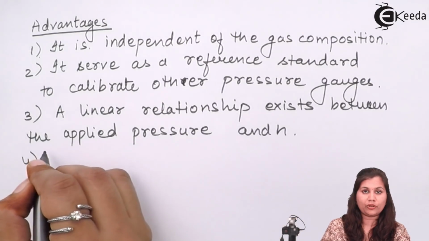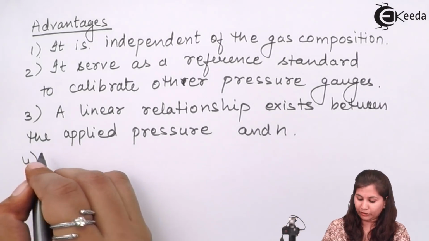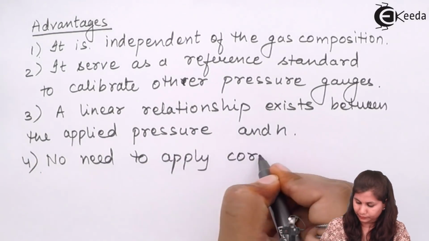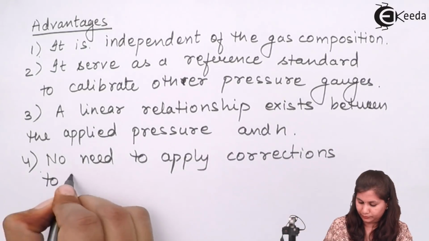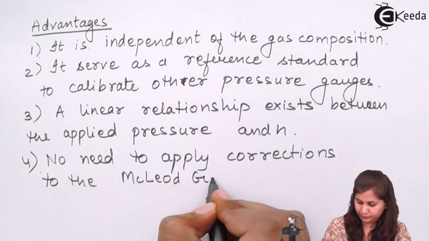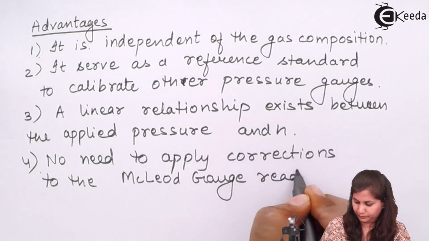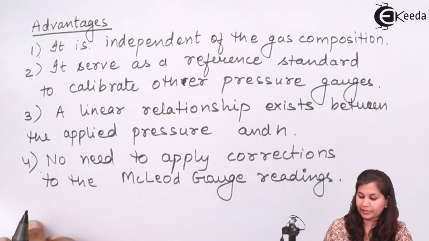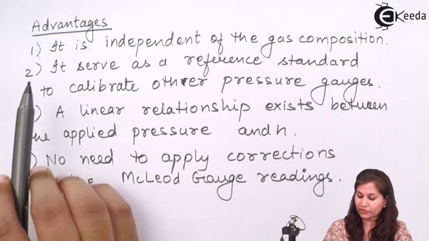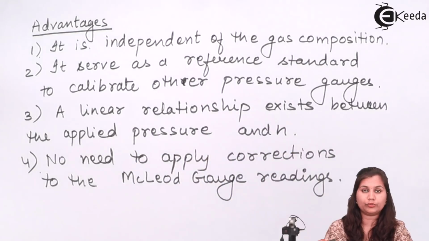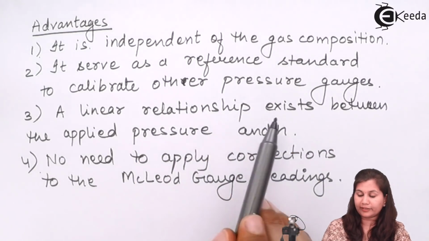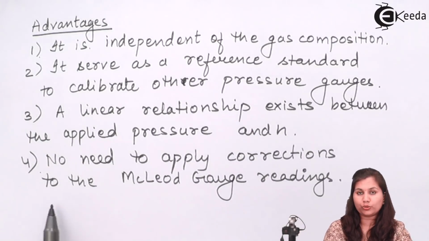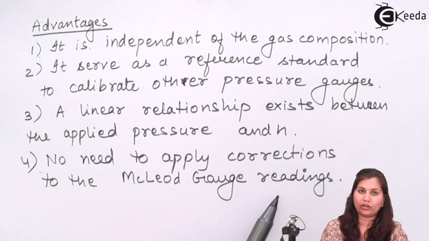Also, there is no need of doing any corrections to read the McLeod gauge. So these are the advantages: it is independent of gas composition, it serves as a reference standard to calibrate other gauges, a linear relationship exists between the applied pressure and H, and there is no need to apply corrections to the readings.